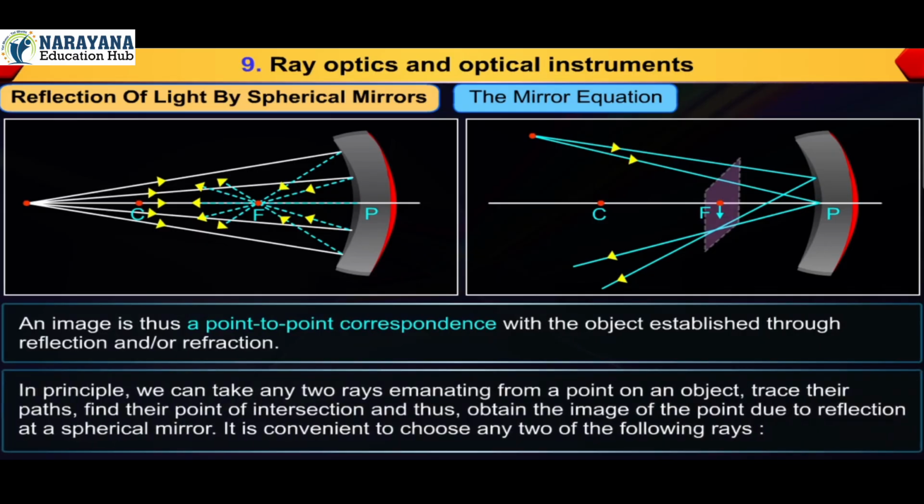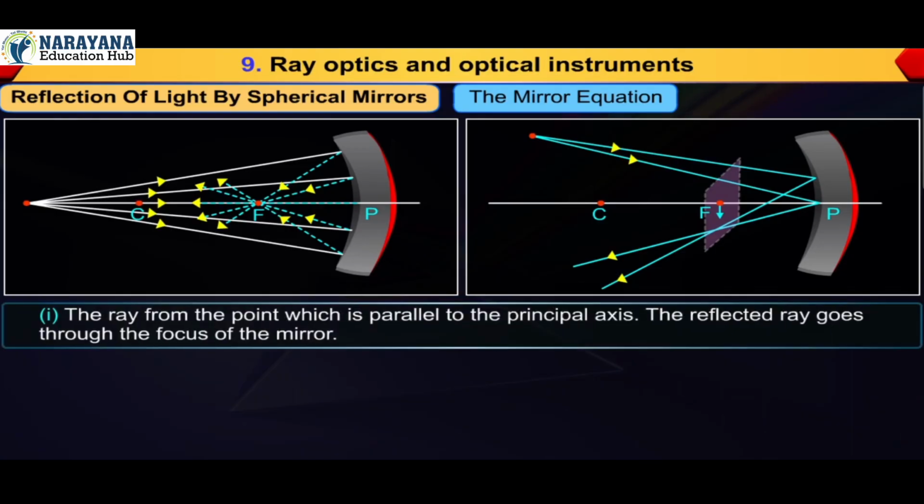In principle, we can take any two rays emanating from a point on an object, trace their paths, find their point of intersection and thus obtain the image of the point due to reflection at a spherical mirror. It is convenient to choose any two of the following rays. Number 1.